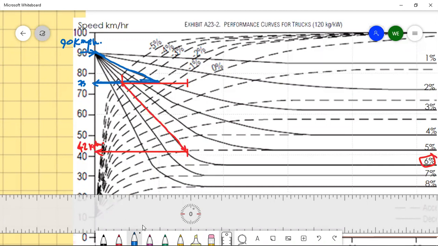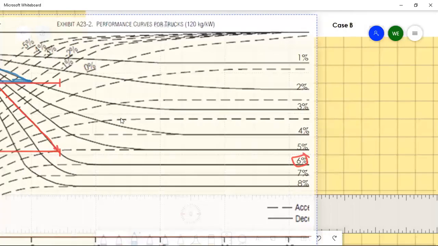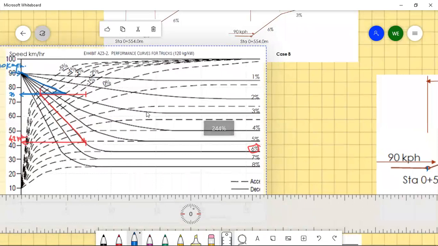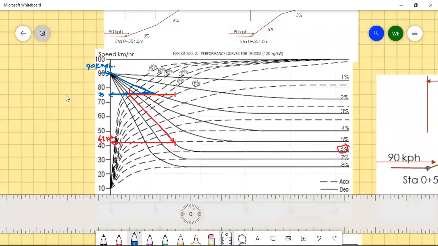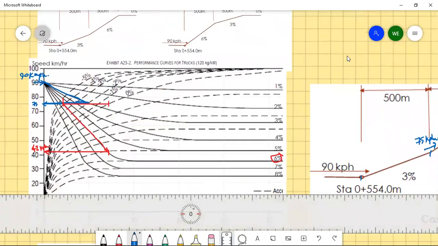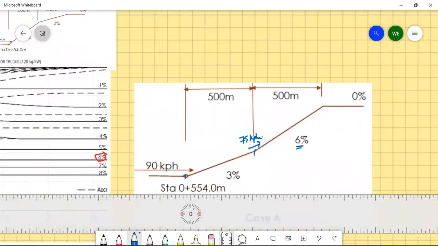So that means the exit speed here, I'm sorry, the exit speed here will be 42 kilometers per hour. Okay, so now let's go to the climbing lanes.